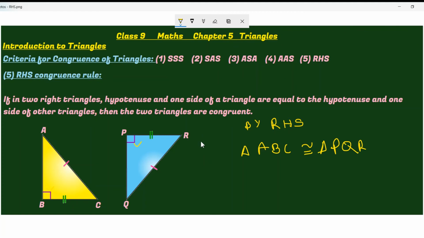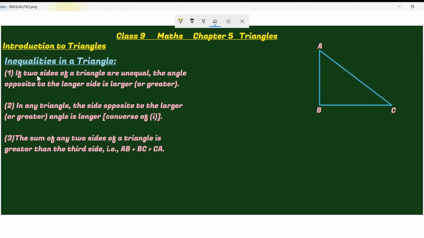Next we are going to see some inequalities of triangles. First one: if two sides of a triangle are unequal, then the angle opposite to the larger side is larger. Here we have taken one triangle ABC. Two sides are unequal here, AB is not equal to BC.